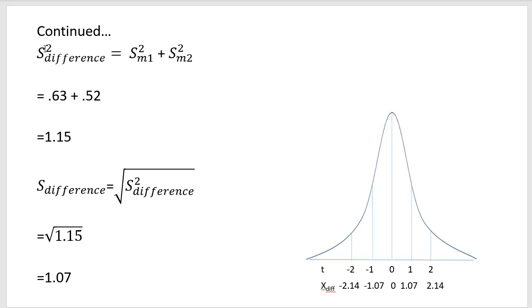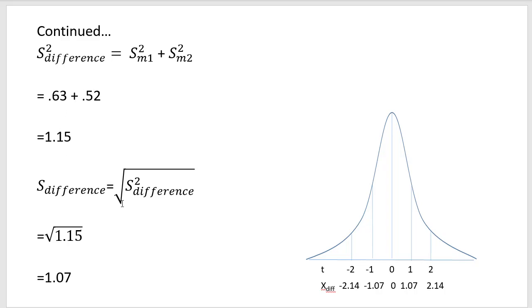If we keep going, we see that the estimated population variance of the difference between the groups is equal to the amount of variance in group 1's distribution of means plus group 2's distribution of means. So when we add those two together, we find that the total amount of variance of the difference between the means is 1.15.